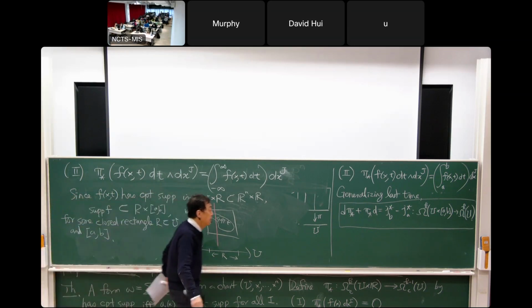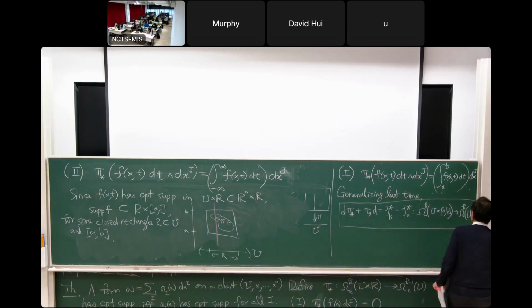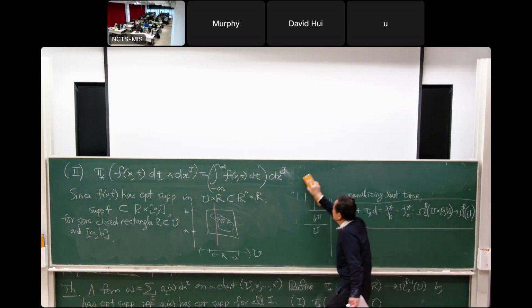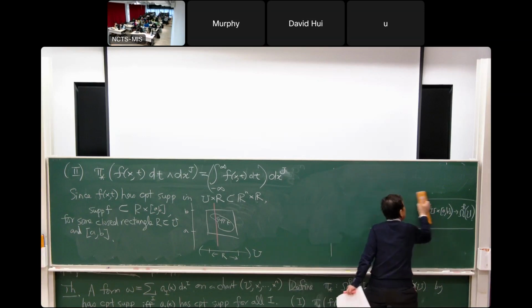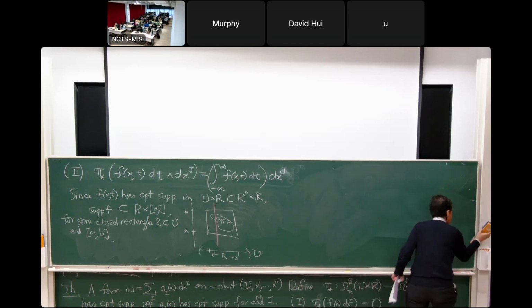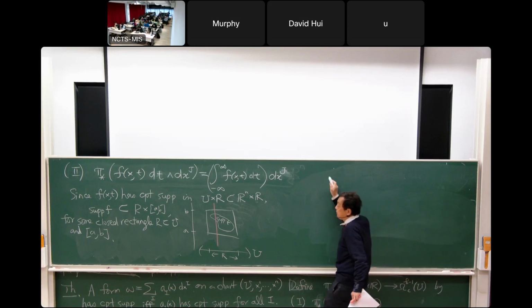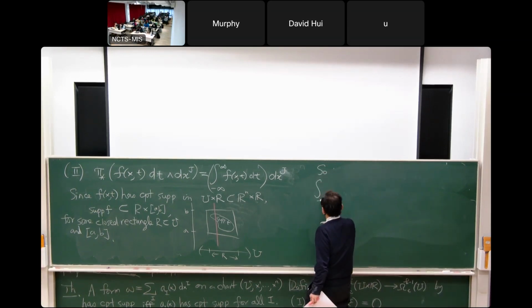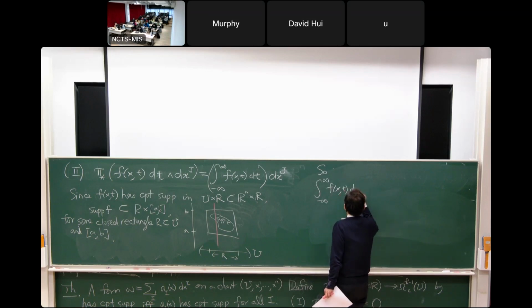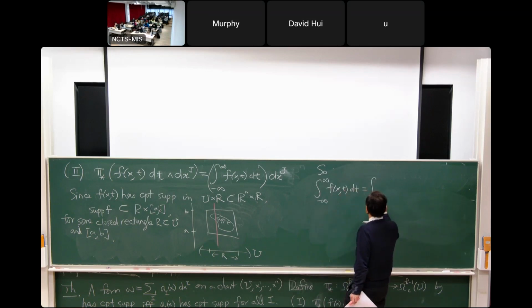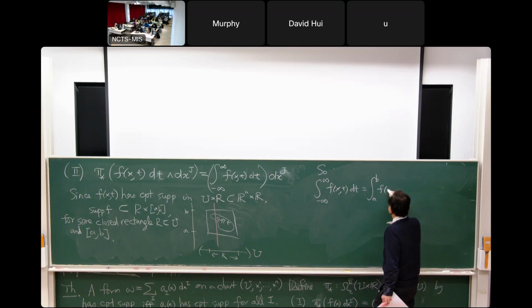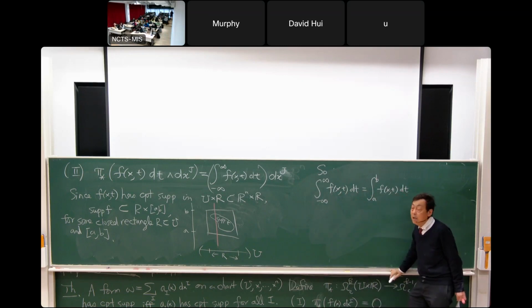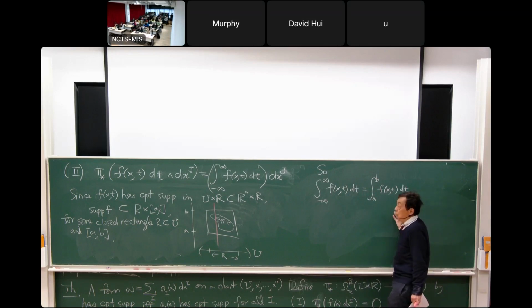And so the integral from minus infinity to infinity is the same as the integral from A to B.